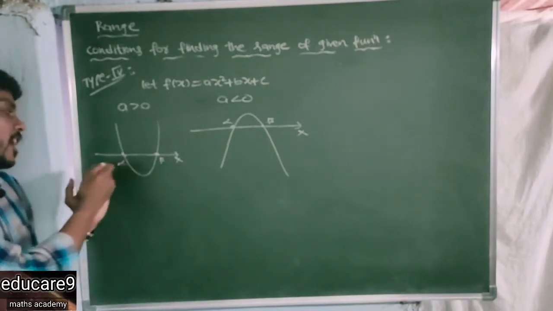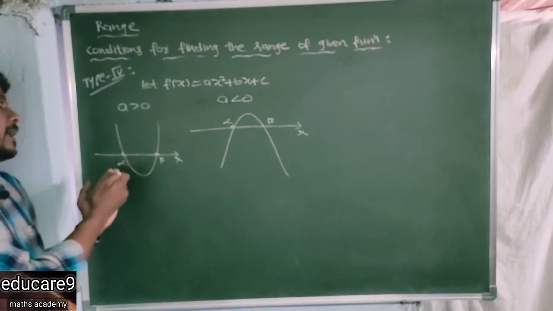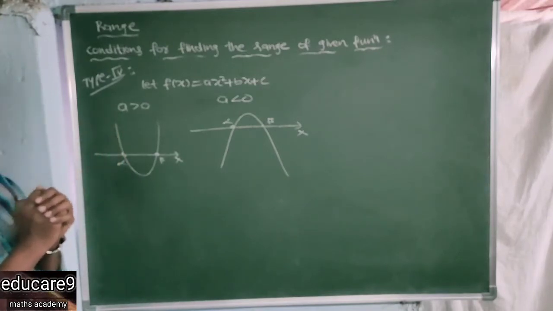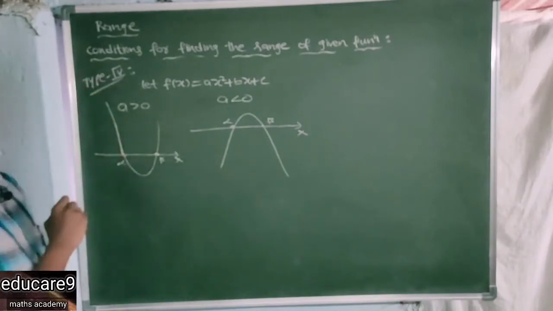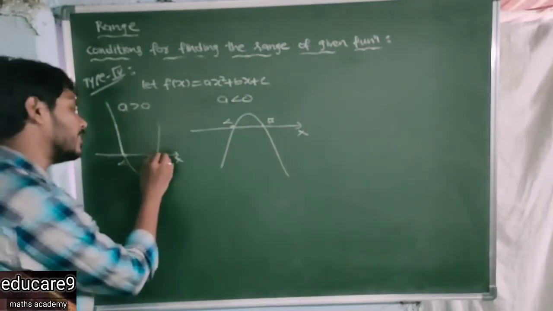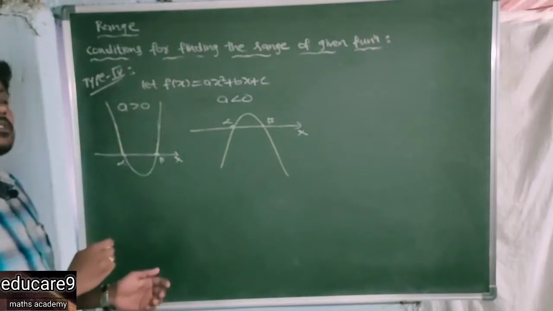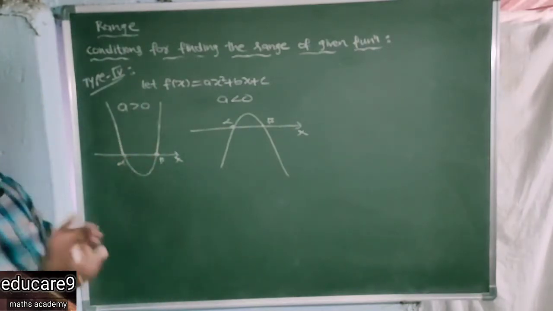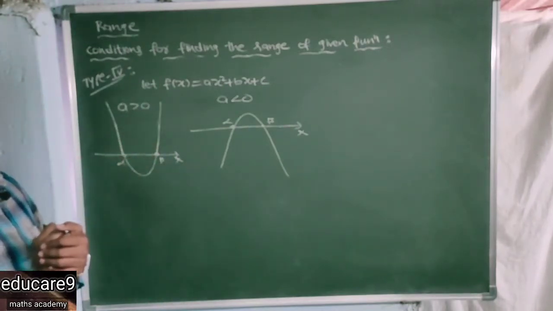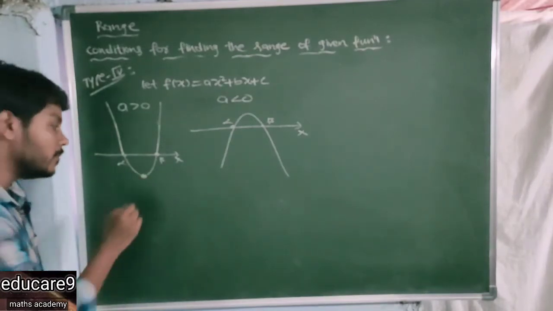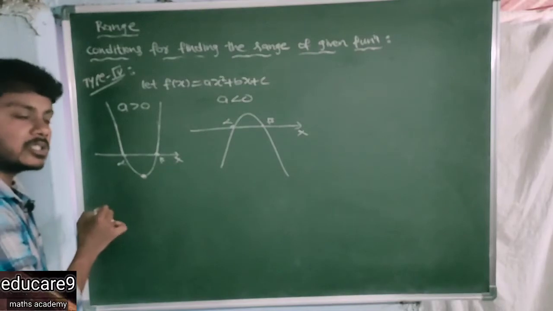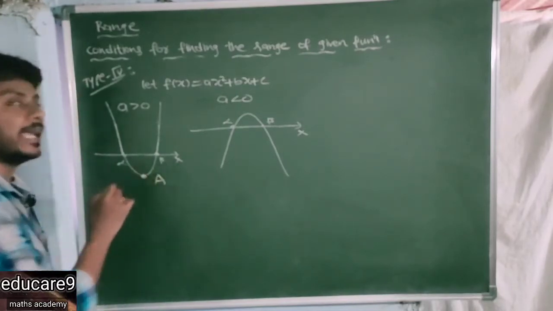If x is less than alpha, function values are increasing. If x is greater than beta, function values are also increasing. But in this we can't say the maximum value, but here you can say the minimum value. Where is it minimum? At this point. So what is that point? Vertex.